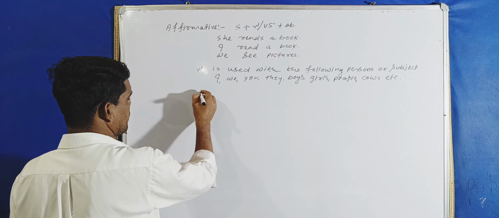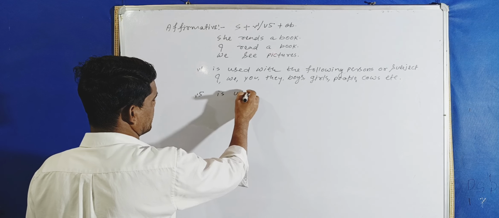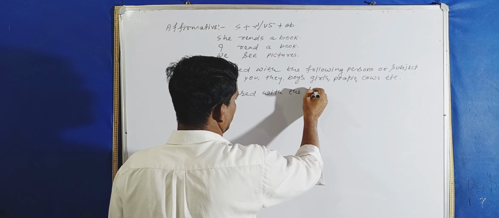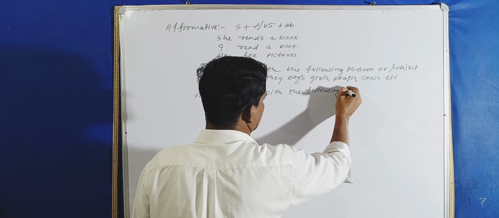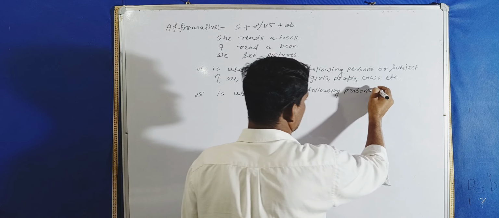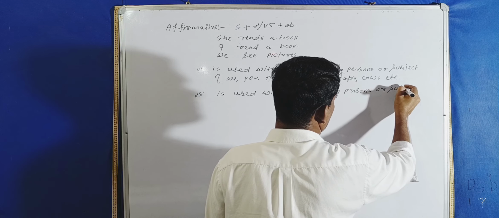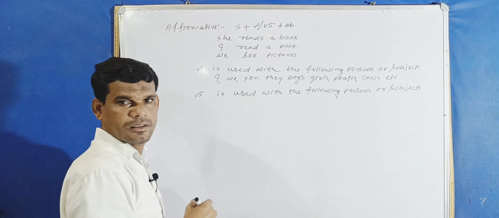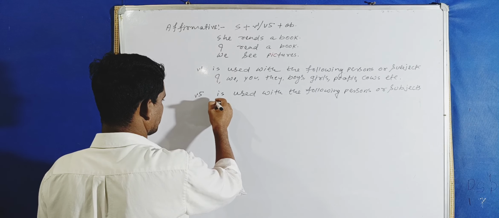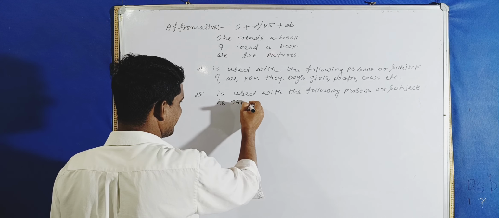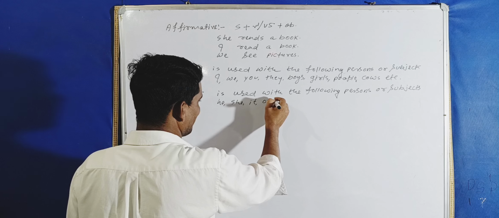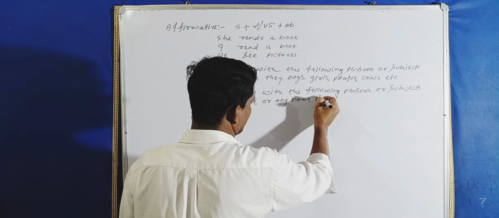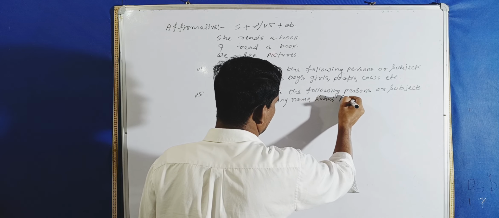And verb 5 is used with the following persons or subjects like he, she, it, or any name like Rahul, Raju, and so on.